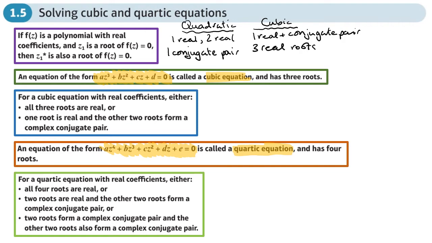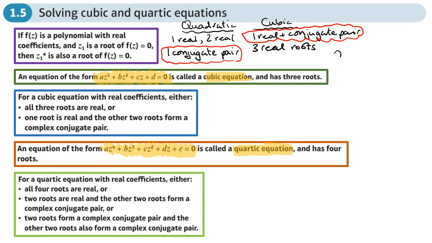These complex roots always come in pairs, so you could have either one real root with a conjugate pair or 3 real roots. So I'm guessing, because this chapter is all about complex numbers, when we have quadratics, it's going to be things like this. When we have cubics, it's going to be things like this. The other stuff is reserved for normal maths lessons.